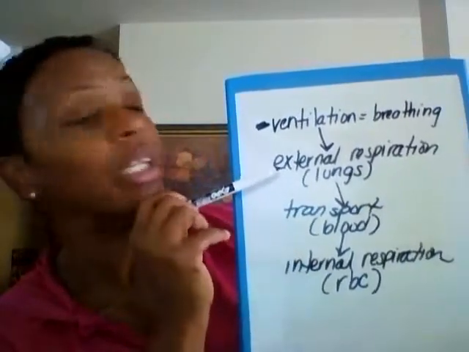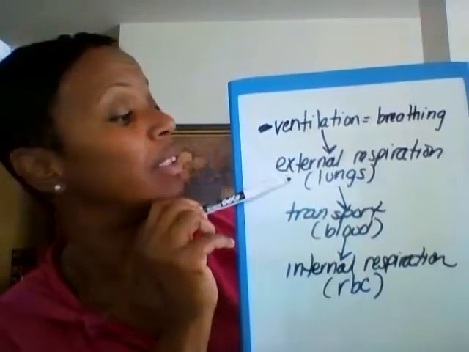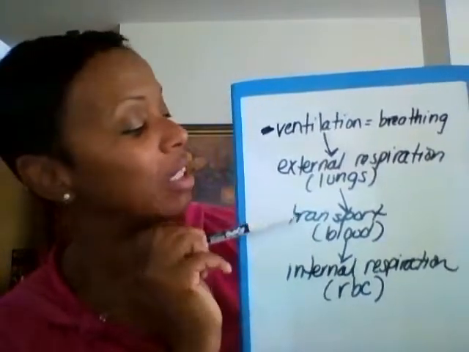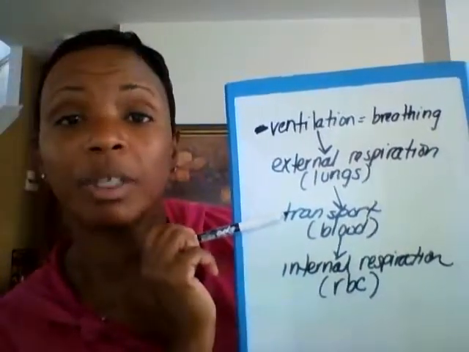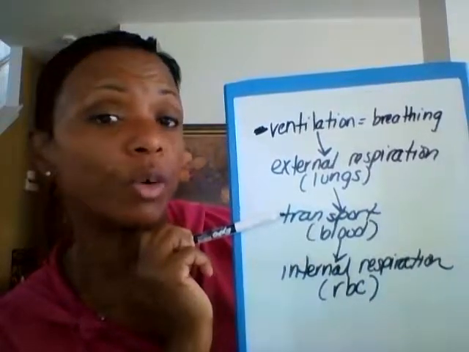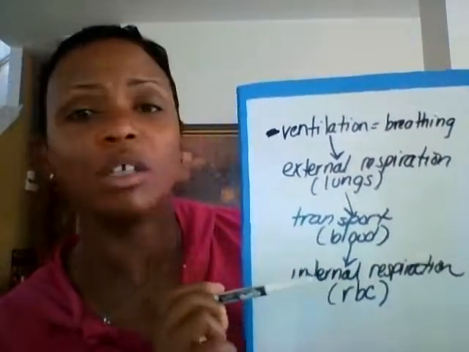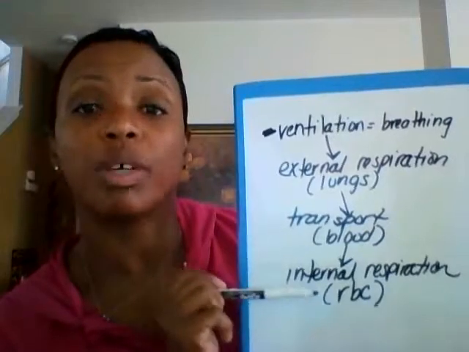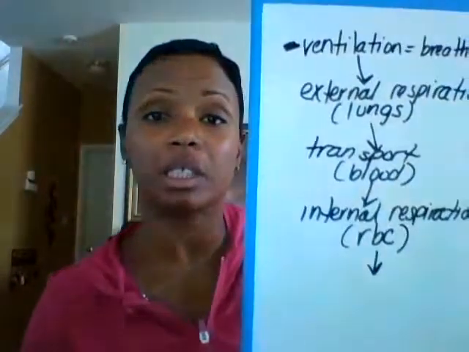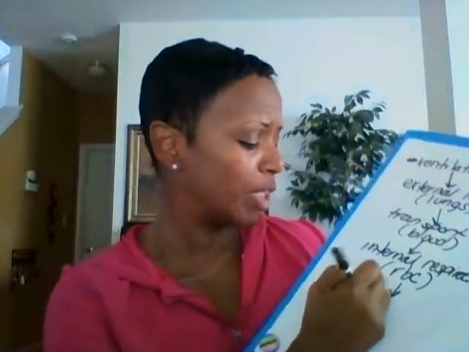The particular organ that is going to help us, obviously, the lungs. Inside of the lungs, we transport it to the blood, because the blood is where we'll find the formed elements. The blood then gets it directly to the red blood cells. And then finally, once those red blood cells get a hold of it, cellular respiration occurs.